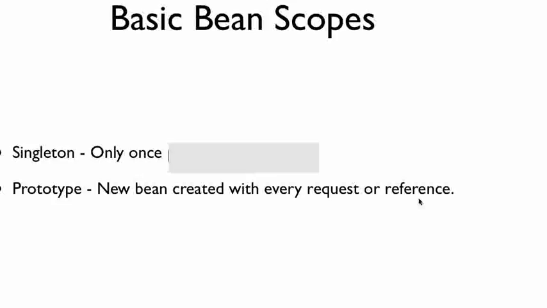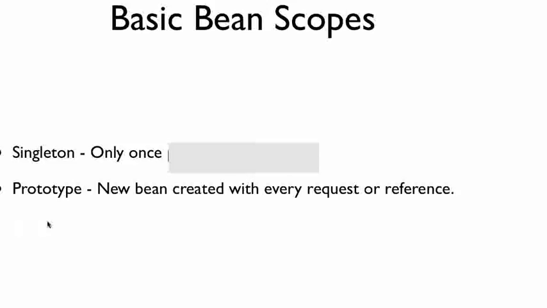So no matter if it's a call to a get bean and you're getting the object, or if it's a reference and you're indirectly getting the object through the reference, if the bean is a prototype, there are new instances created for every request and every reference. So these are the two basic types of scopes that are available. The first one is a singleton, which is the default, and the second one is the prototype.